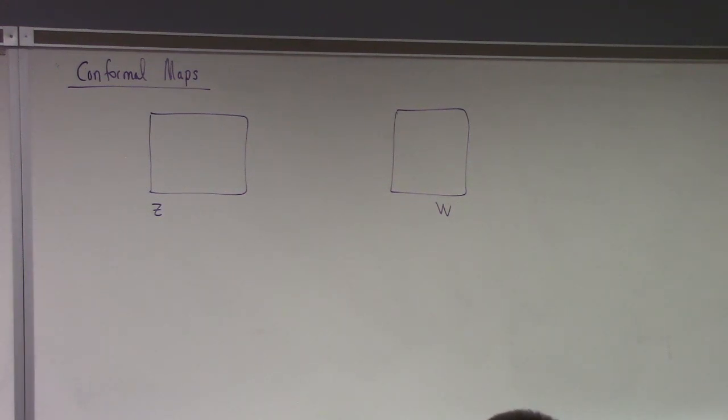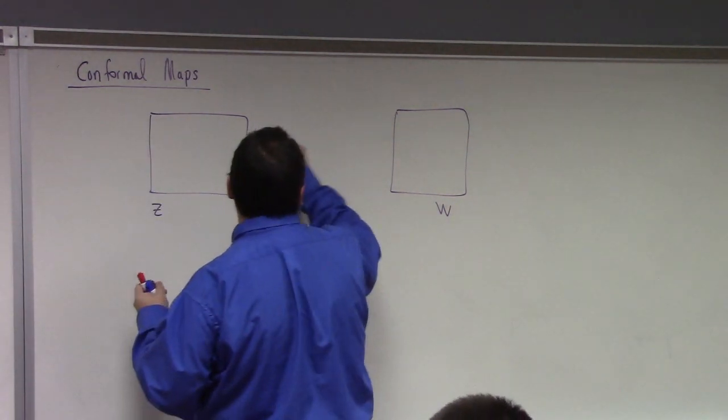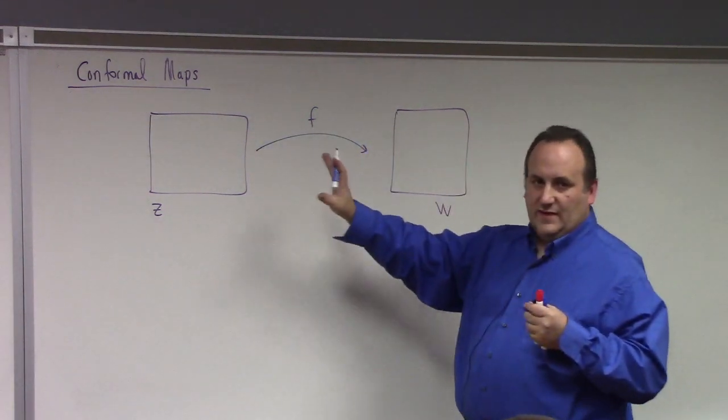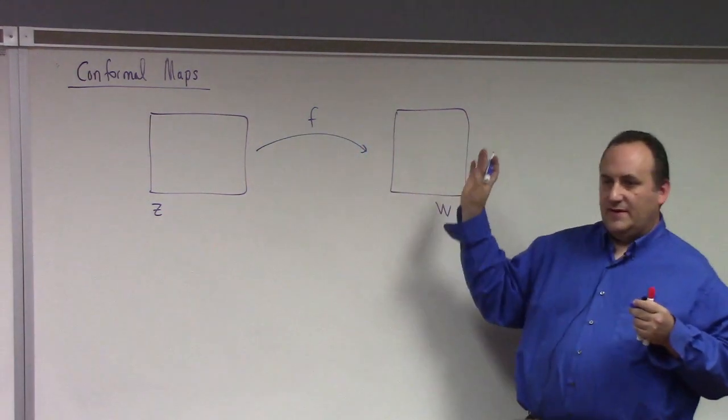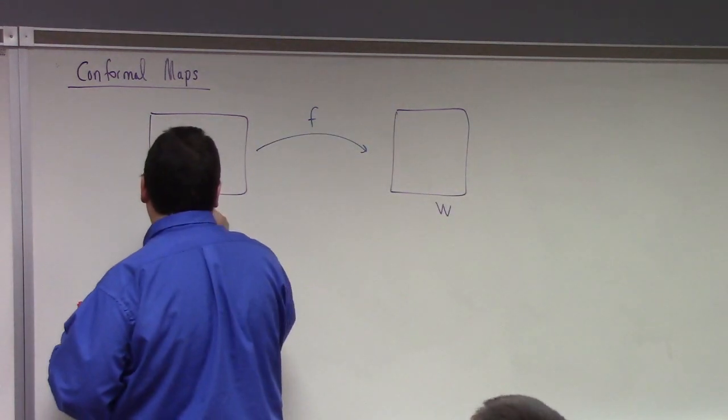Let me make that a little bit more precise in the sense of how to measure that. What do I mean by angles? How do you get a vector anyway, right? So we're thinking about f as a complex mapping, and we just visualize the complex plane twice. So we've got the z-plane, where z equals x plus iy.